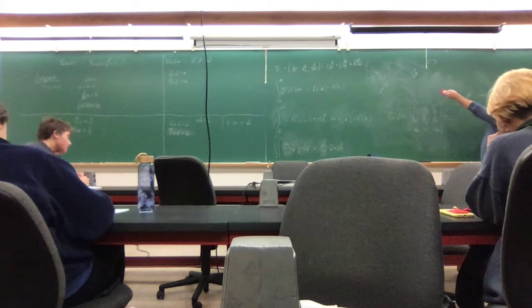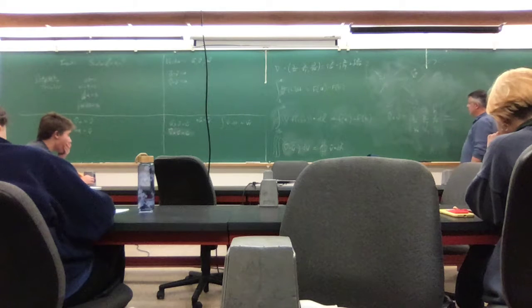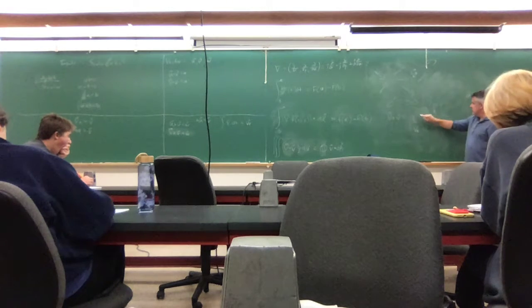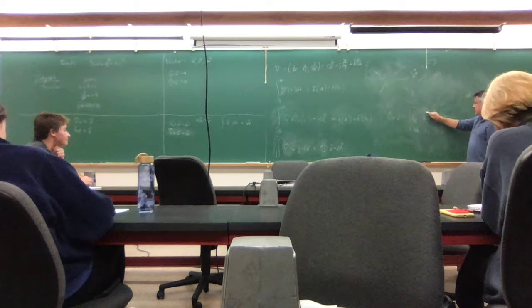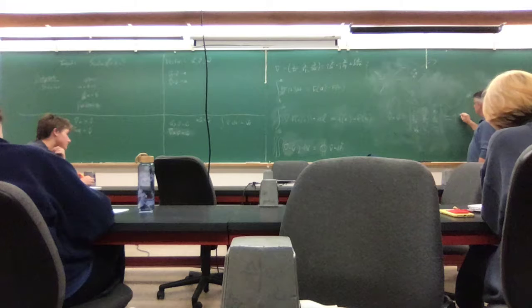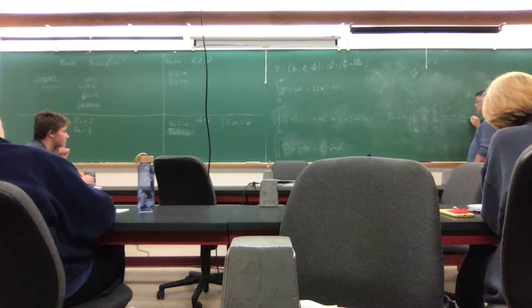Okay, so we have only x's and y's here, so I can set this one to 0. But we have to figure this out. So that one's 0. That one's not 0. So I have j hat dv x dz.